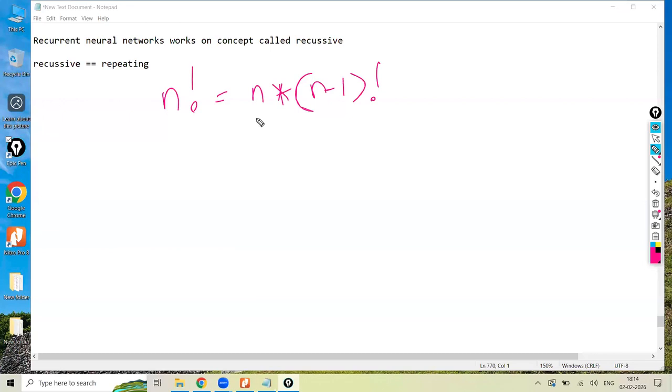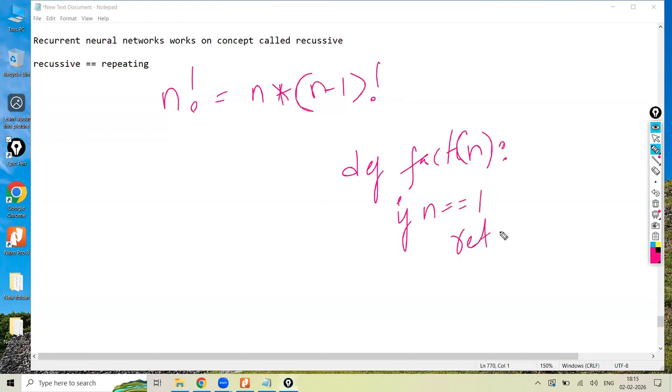Now, until where will this function continue? Till you get n equal to 2, so that n minus 1 is equal to 1. For example, def fact of n: if n is equal to 1, it has to directly return 1.